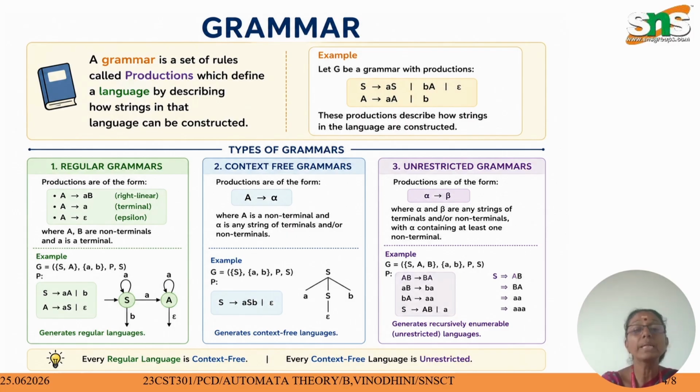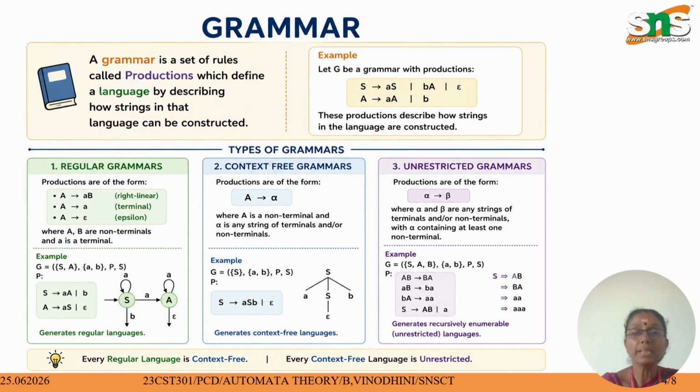Using the grammar, we derive the particular language. The language is constructed from strings, and how they are constructed is given by a set of rules. That set of rules is called productions.